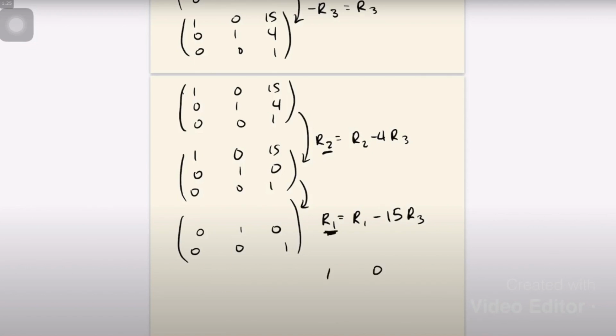So row 1 is this, and then do a negative 15 times row 3. So this whole thing becomes 1, 0, 15, negative 15. Oh, oops. 0, 0, negative 15. So we have 1, 0, 0. And bam, we produce this row echelon form, or reduced row echelon form, actually.